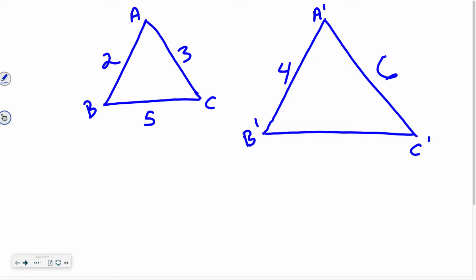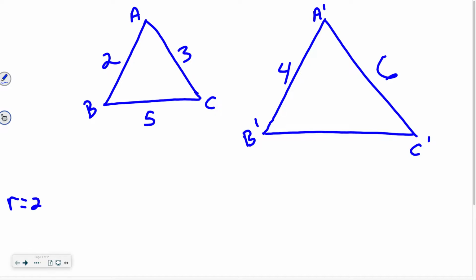So if we went from 2 to 4, and then from 3 to 6, how much bigger did A prime, B prime, C prime get? Well, from 2 to 4, I noticed that I could have added 2 or multiplied it by 2. From 3 to 6, I could have only multiplied by 2. So the scale factor here is going to be 2.